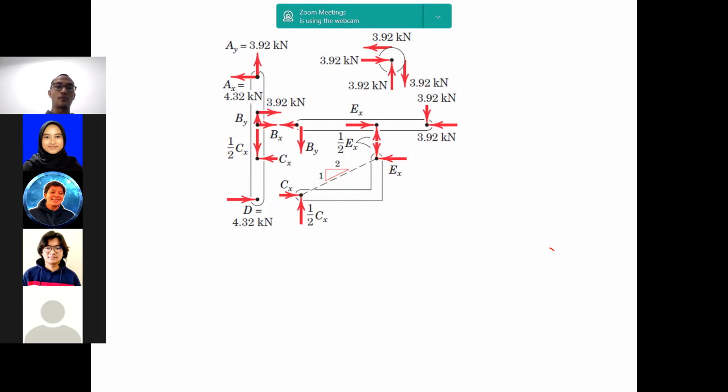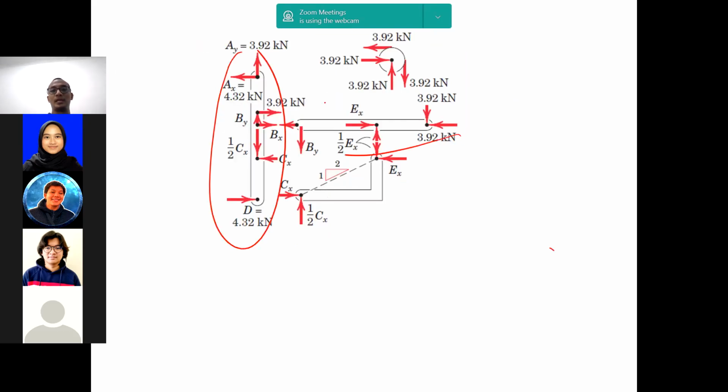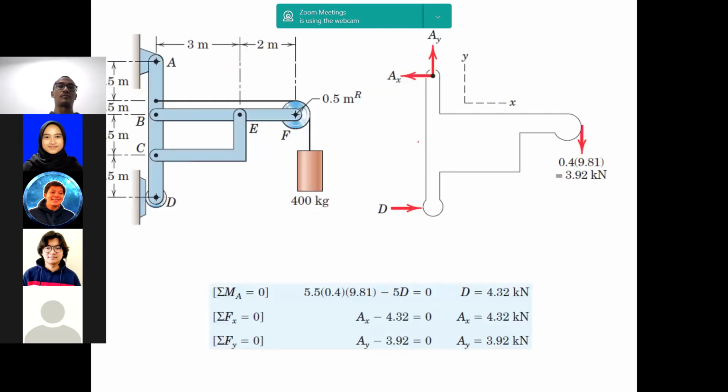Then after that, solve for AD and BF. Those two are multi-force members. By solving for those two, we can solve for everything.